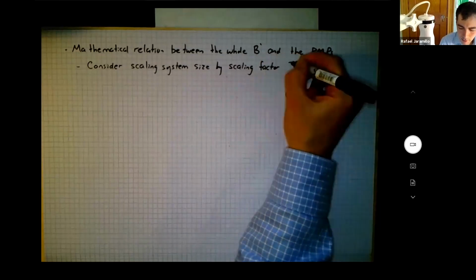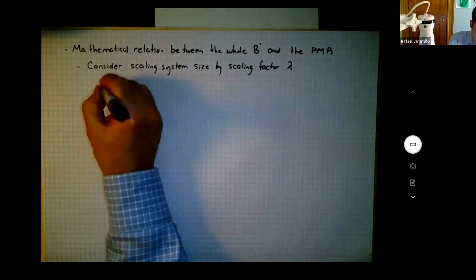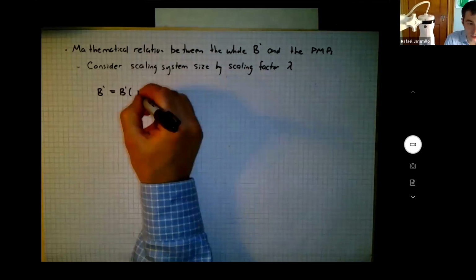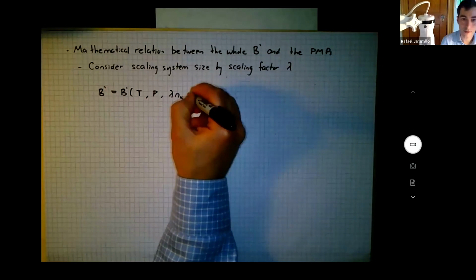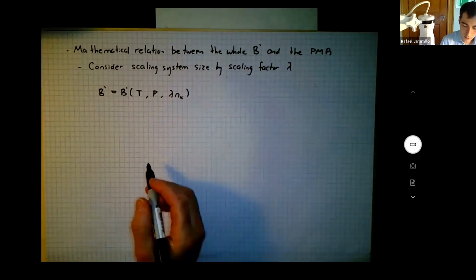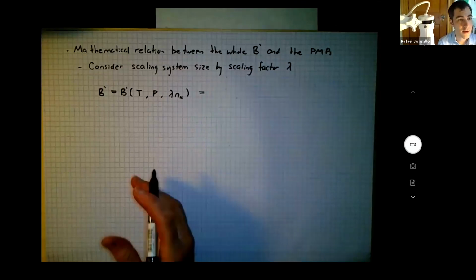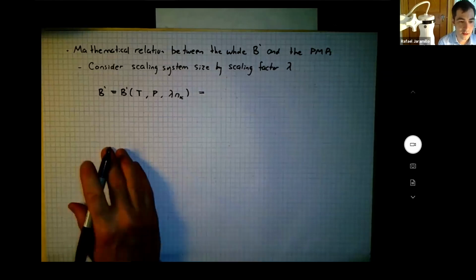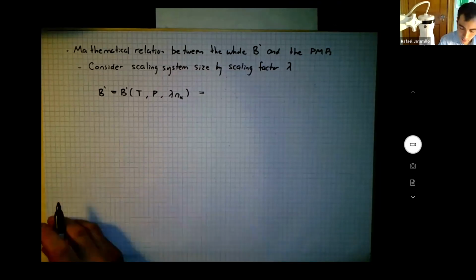This is a unitless thing, I'll just use lambda. So imagine B is a function of temperature, pressure, and the scaled system size. Well, if we imagine, let's say, doubling the amount of moles of everybody, we simply double all extensive quantities. And that holds for any factor, it doesn't have to be double, it could be triple, it could be half, it could be any factor. So we have this.